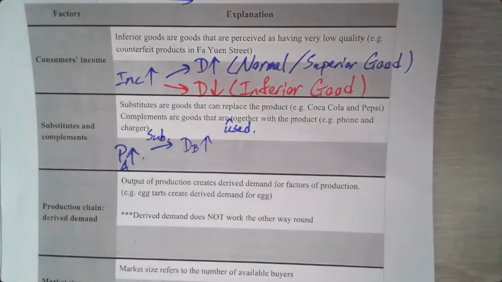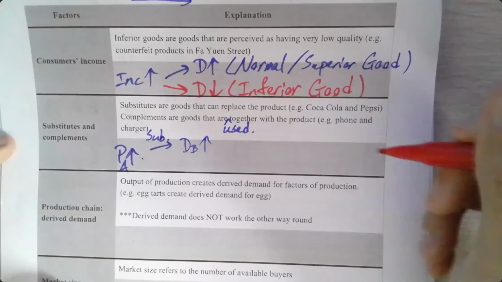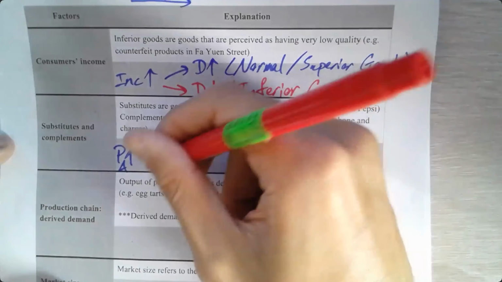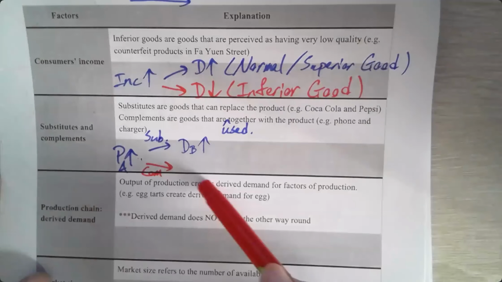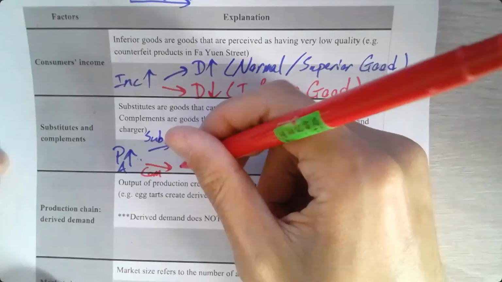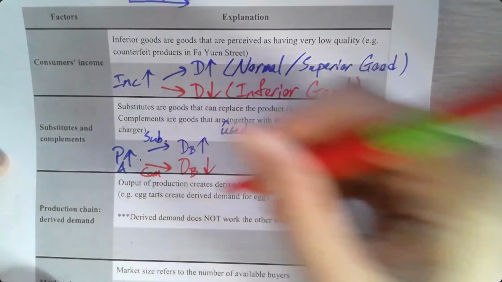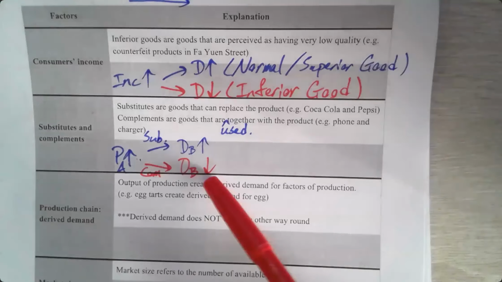On the other hand, if they are complements, and the phone gets more expensive, would you buy as many chargers? No. So the demand for B would decrease.